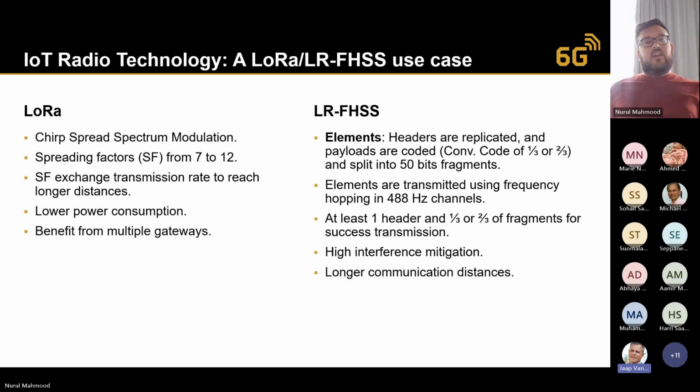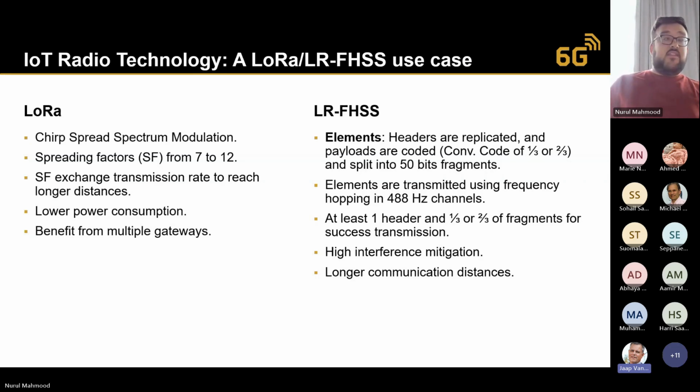And the payloads are coded with a convolutional code with 1/3 or 2/3 rate. Then this whole coded payload is split into 50-bit fragments and transmitted over several channels. They are 488 hertz channels. And then for a successful transmission, you need 1 header and 1/3 or 2/3 of all these fragments. So you have some redundancy from the header and from the fragments.